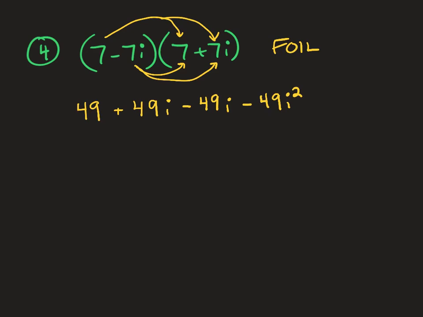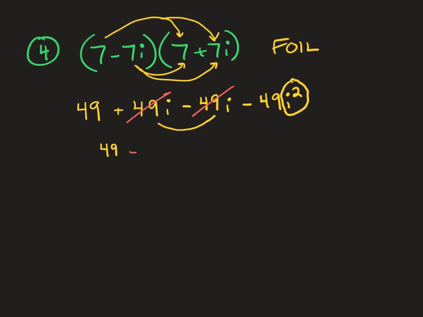So a couple things after that, you'll be able to put the i terms together. They're like terms. And then also remember that i squared is negative 1. So we got 49 plus 49. The two middle terms with the i's, the 49i, the negative 49i, those two cancel each other out.